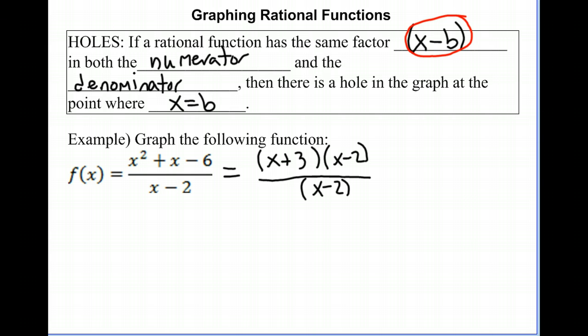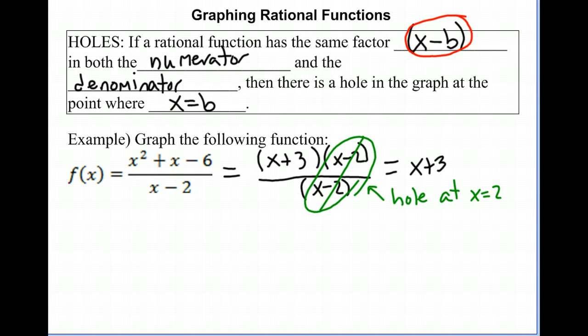So it does appear that there is a common factor here. These two things are going to divide to 1, and that will leave us with just x plus 3. What this means is there is going to be a hole at x equals 2.